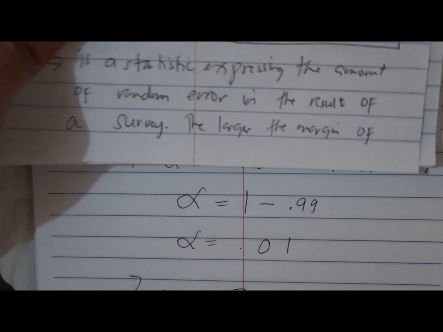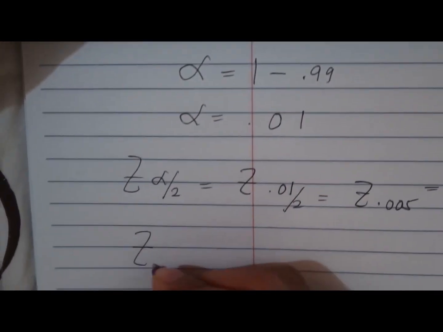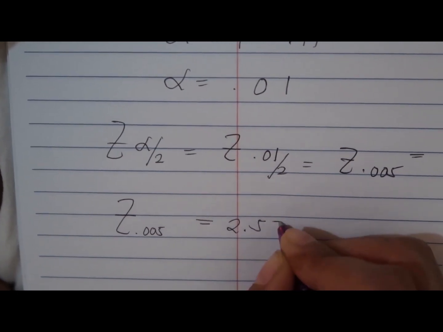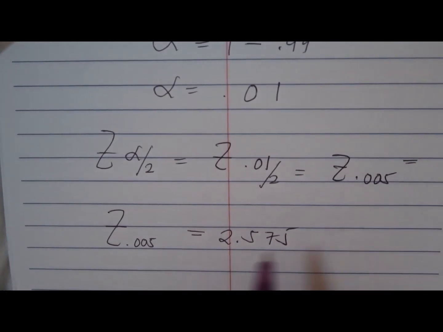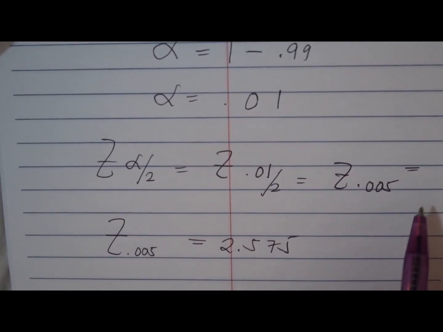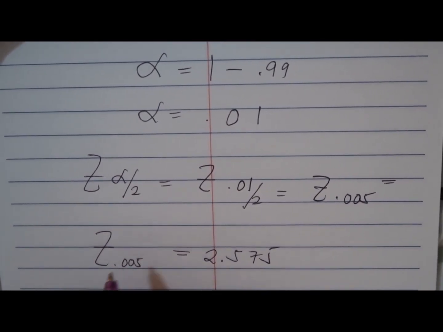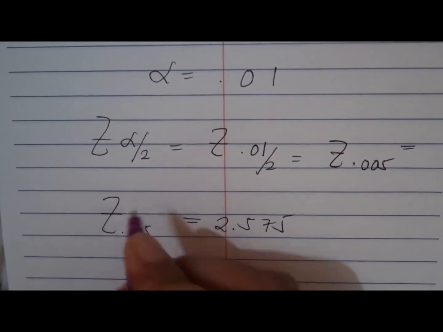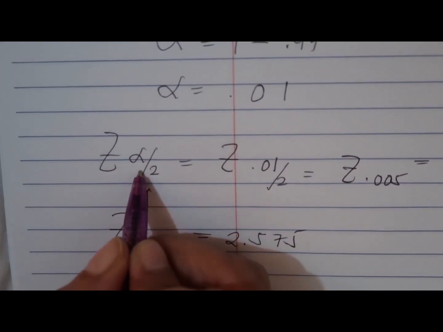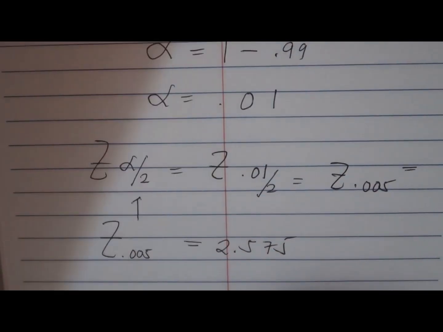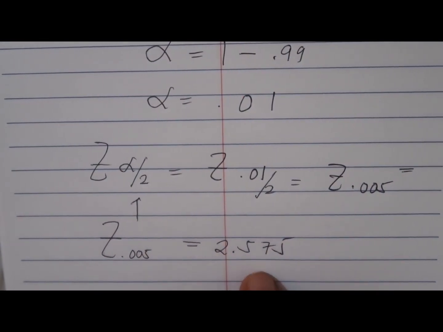Meaning your Z 0.005 is equal to 2.575. That is your Z 0.005, that is your Z alpha over 2. Okay, so that is 2.575.